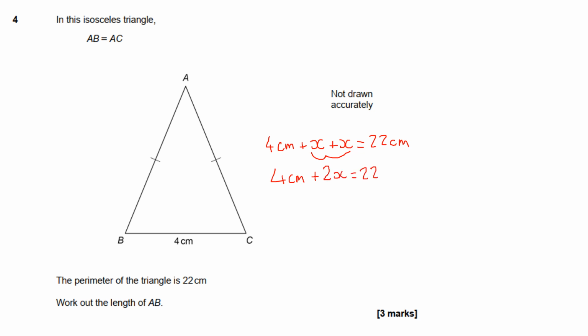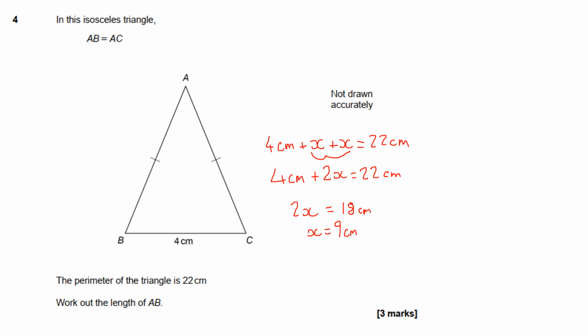equals 22. So I reckon that that means that 2X, and let's not forget the centimeters here that I missed off. So 2X must be equal to 22 centimeters minus 4 centimeters, which is 18 centimeters, which means that X equals 9 centimeters.